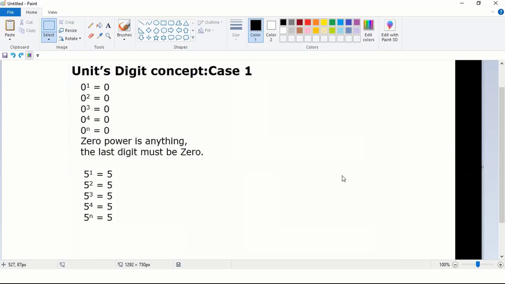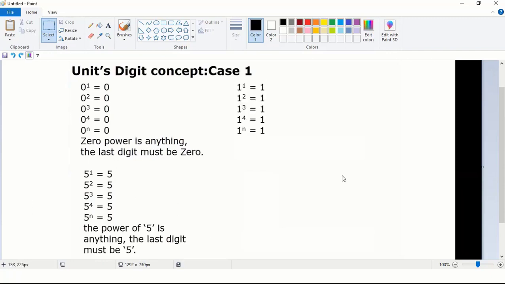And 5 power anything, the last digit is nothing but 5 only. 1 to the power anything, the last digit of the answer is itself, that is 1.